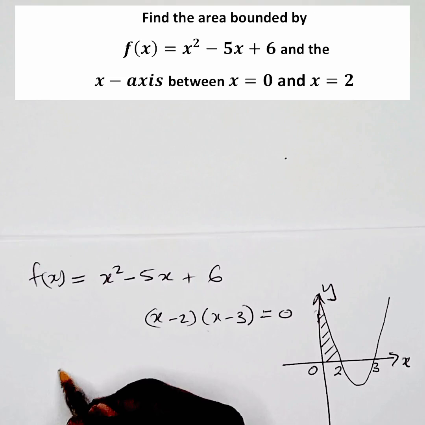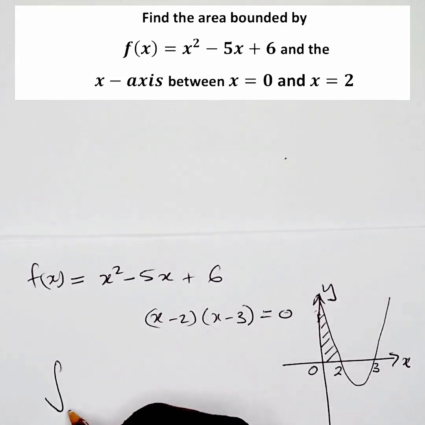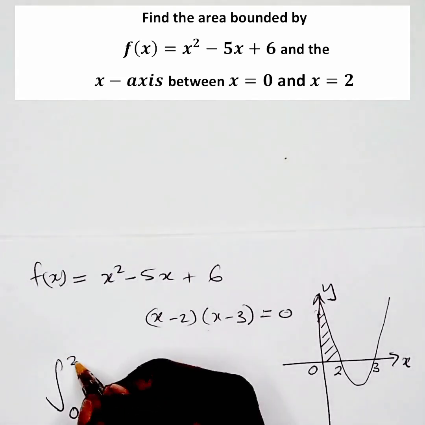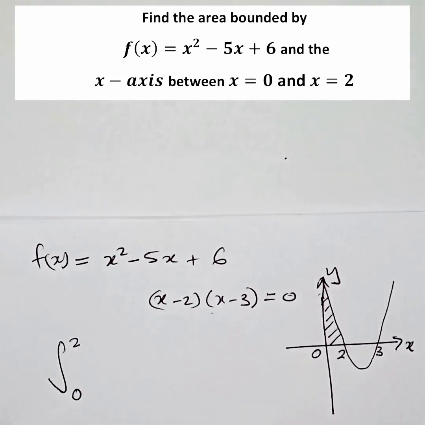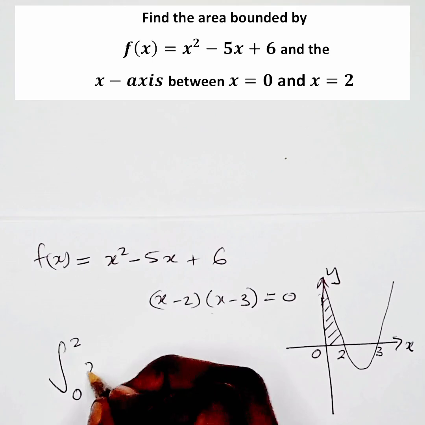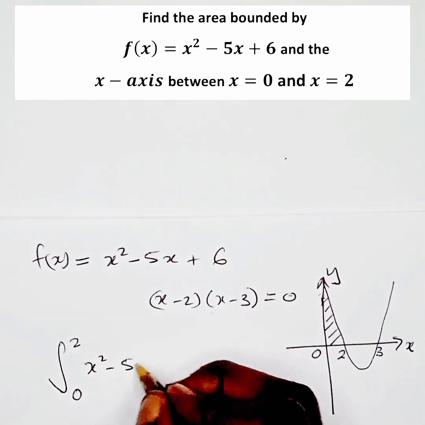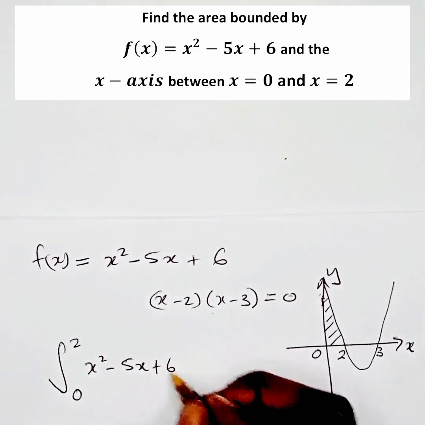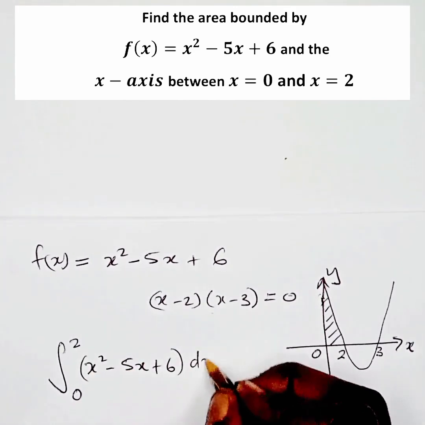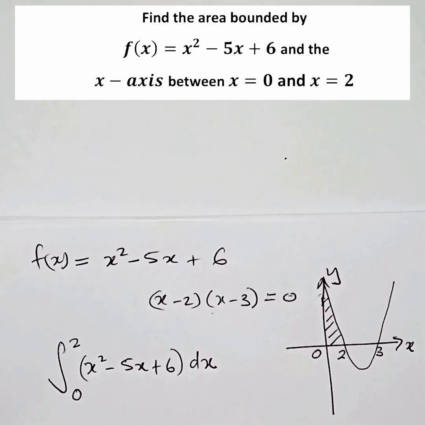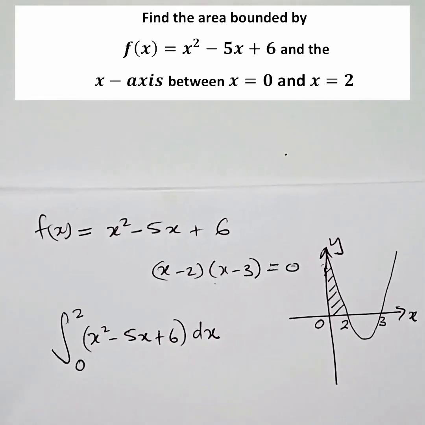So we are going to say the integral from 0 to 2. Those are the limits of f(x), which is x squared minus 5x plus 6, then dx. So we are going to integrate that f(x) there.